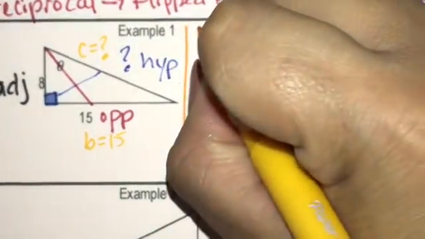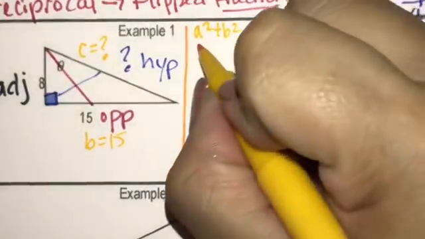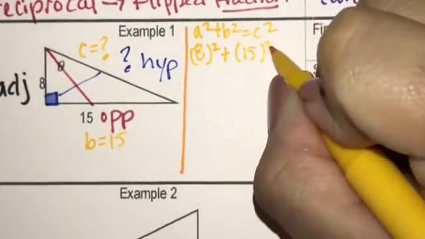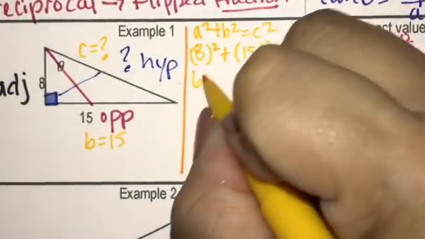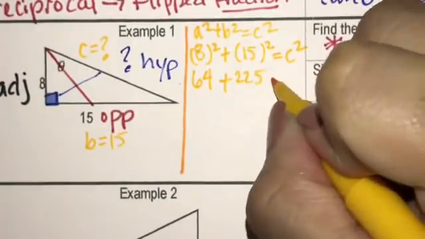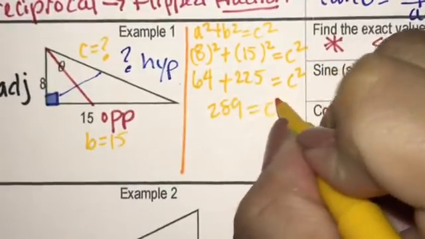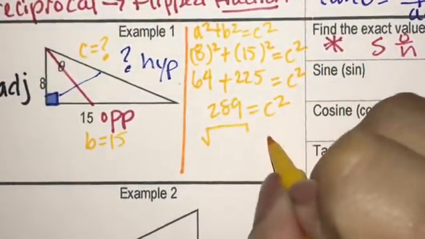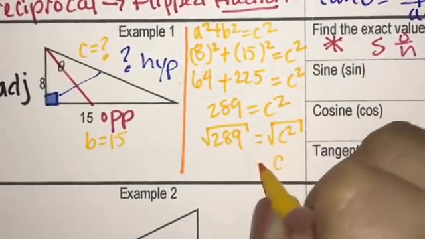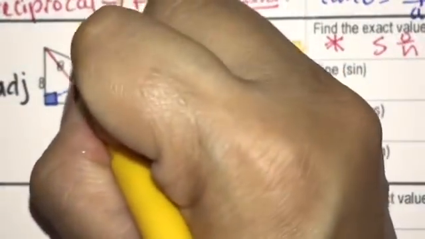So we're going to say A squared plus B squared equals C squared. 8 squared plus 15 squared equals c squared. 64 plus 225 equals c squared. 289 equals c squared. You're going to take the square root of both sides because all I want is c. So c equals 17. So I now know that c equals 17.